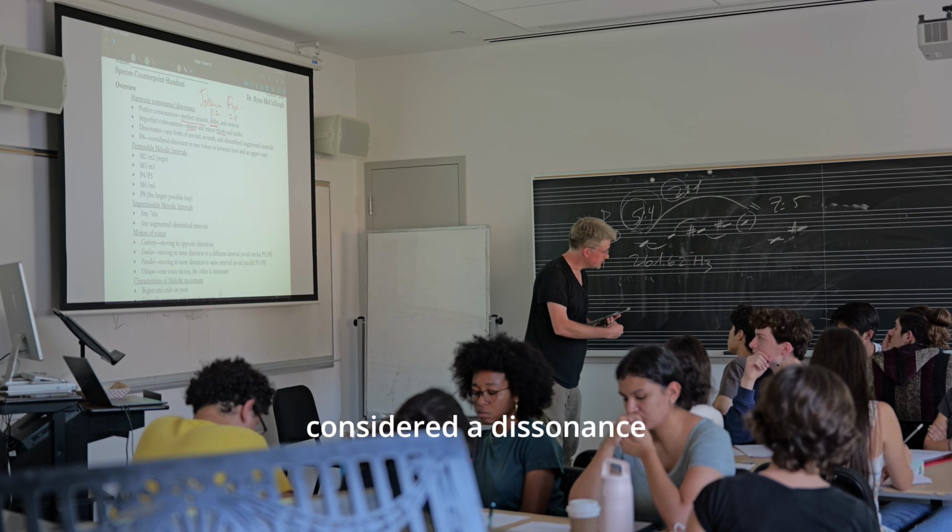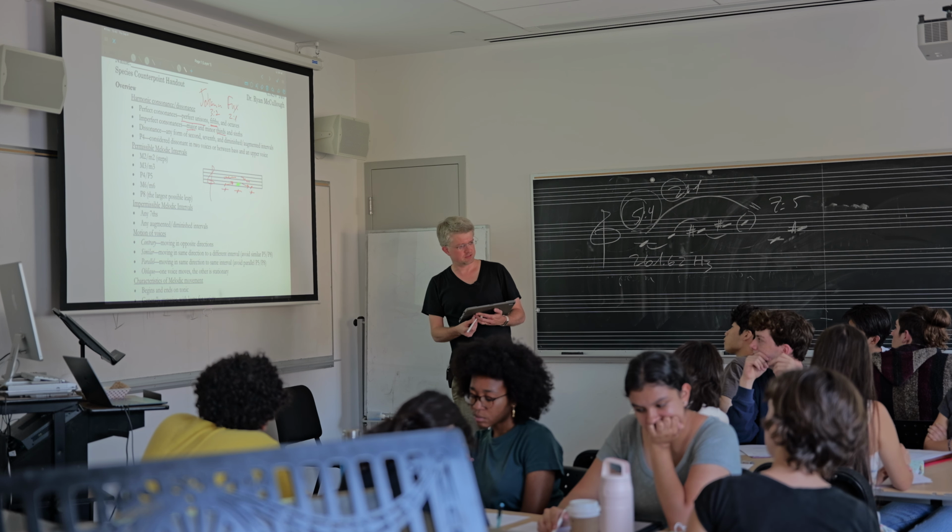So we have a major third here, and then I'll use a different color. We stretch that major third out, but it actually wants to be a major third. It wants to collapse back down into a major third. In the 17th century, it is thought of as a major third in distress.